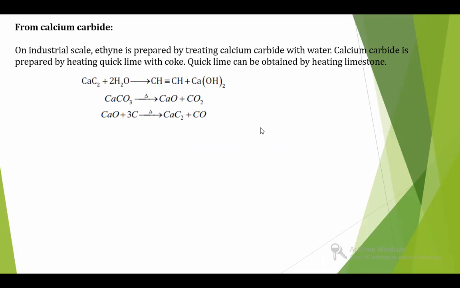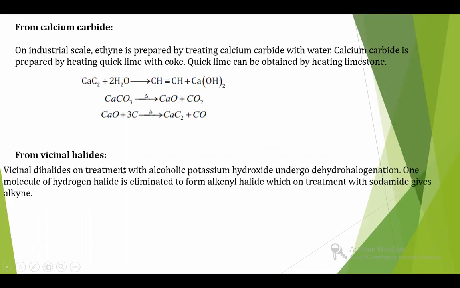Okay. Next is from vicinal halides. We know that when halogen groups are attached to neighboring, adjacent carbons, it is called vicinal. So, vicinal dihalide. Vicinal dihalide is treated with alcoholic potassium hydroxide.